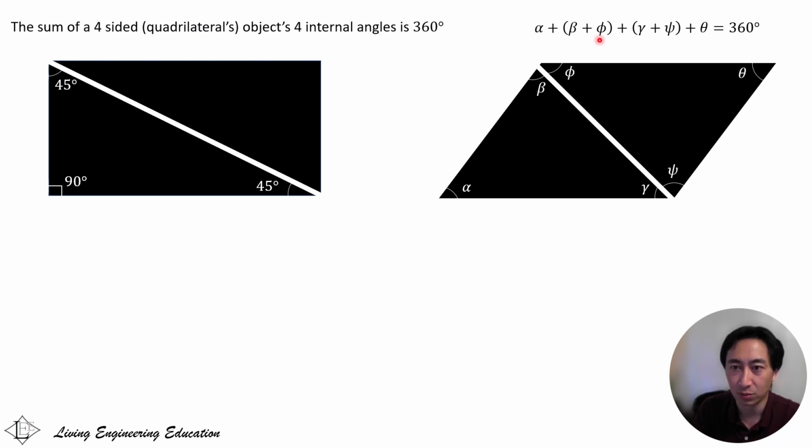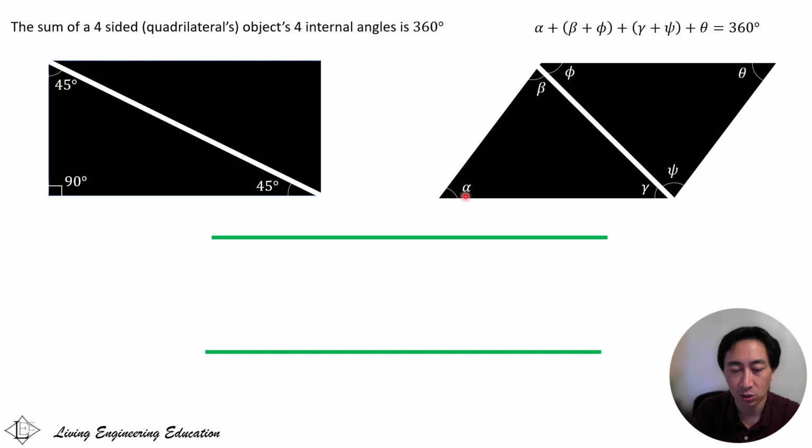So alpha plus beta plus gamma plus alpha plus beta plus phi plus gamma plus psi plus theta is equal to 360 degrees. So I can't yet say that alpha plus beta plus gamma is 180 degrees and phi and psi and theta is 180 degrees. I just know the sum of all of them is 360. So how can we be confident that each triangle has an internal angle sum of 180 degrees?